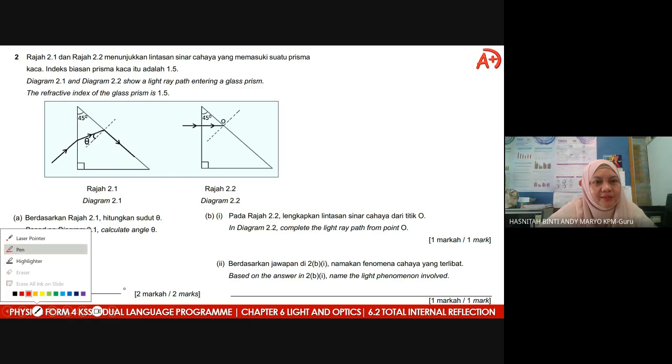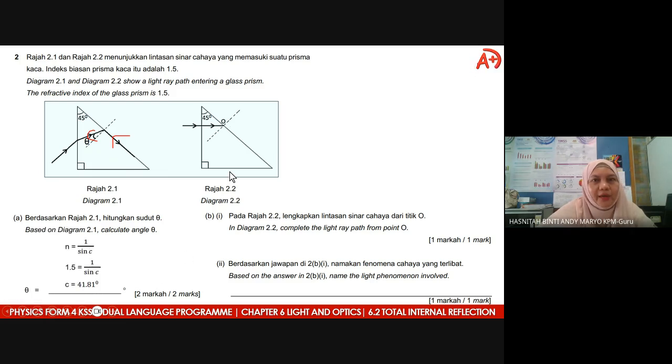We can reverse the direction of the arrow. The ray can come from here and then move here. So here we can use the angle of incidence of 90 degrees, then we can find theta as the angle of refraction. So the calculation is as shown here.